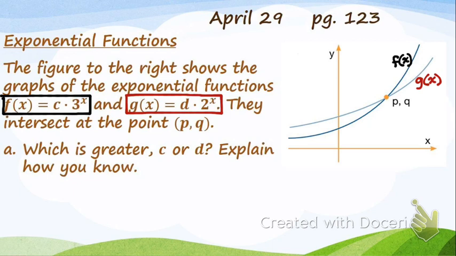So when I'm thinking about those starting amounts, c and d, we don't have numbers to go with them. But here's my function g. Here's where it hits the y-axis. Here's my function f. Here's where it hits the y-axis. They both have y-intercepts. Which one, c or d, is bigger?